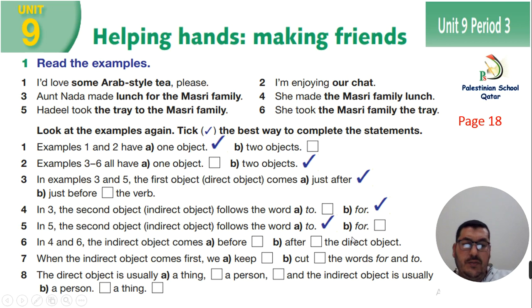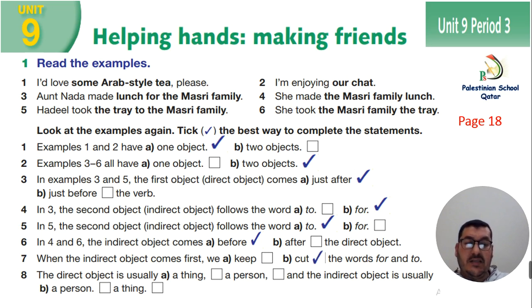Number 5, the second object, the indirect object, follows the word "to" or "for"? Of course, "to". Number 6, in sentences 4 and 6, the indirect object comes before or after the direct object? Of course, before the direct object. Number 7, when the indirect object comes first, do we keep or cut the words "for" and "to"?